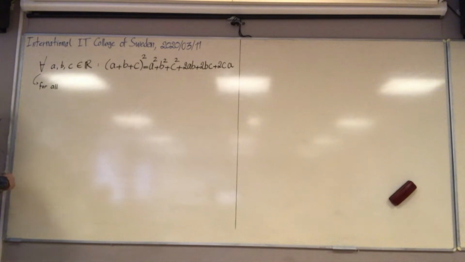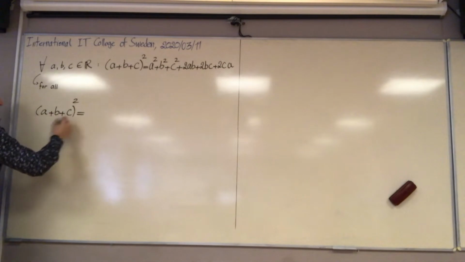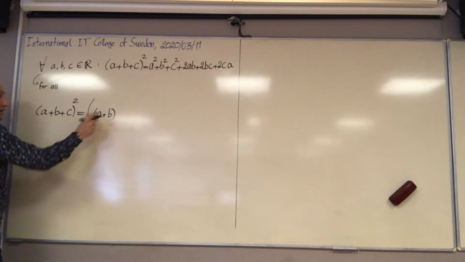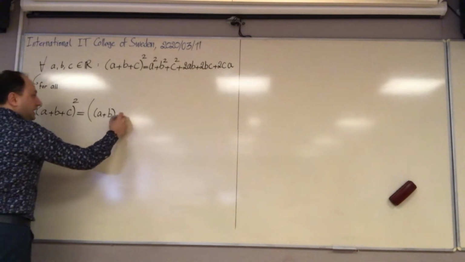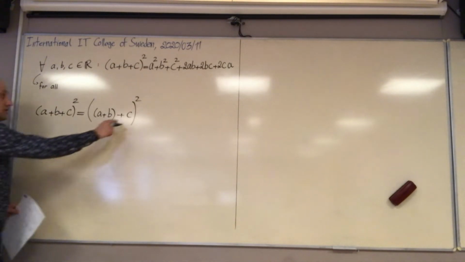Okay, so if I want to use the quadratic rule to prove this, I would say that A plus B plus C to the 2 can be considered as A plus B, do you remember? A plus B, I can consider it as one term, and then I have plus C to the 2, yes? This is the first thing. And then A plus B, I will consider it as one single term, and then C as another term.